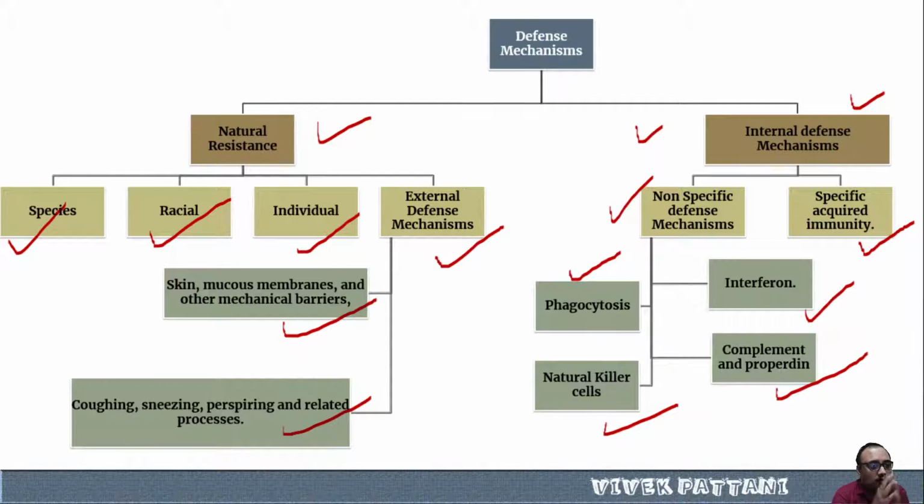In general, species resistance is physiologically more complex than it appears in the animal kingdom, and it has also evolved from time to time due to evolution or the passing of genetic characters from generation to generation.